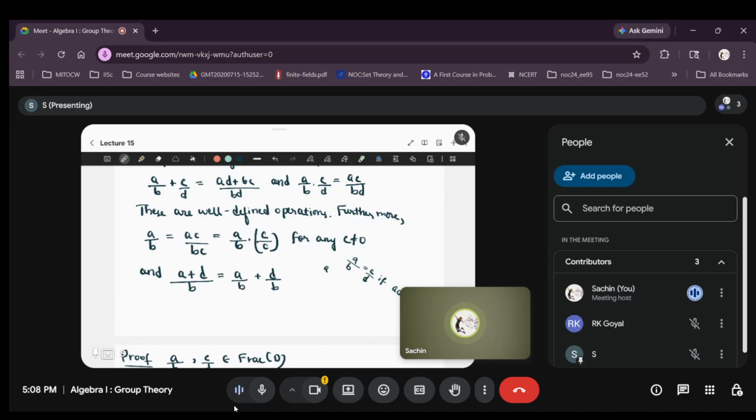To show that a by b is equal to ac by bc, we have to show that a into bc is equal to ac into b, which is true because of commutativity. abc is equal to abc. It is true all the time. So if you have something of the form ac by bc, that will be the same as a by b.